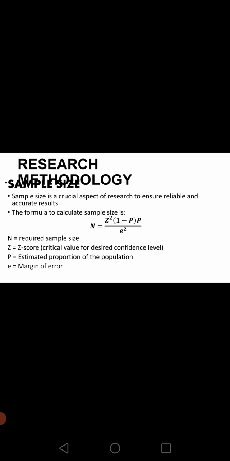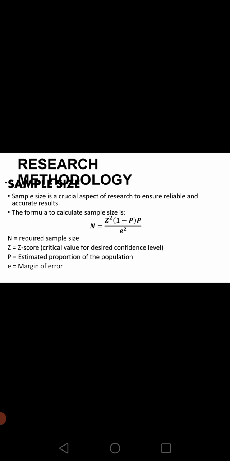As we know, sample size is crucial during research to have accurate results, and normally we use this formula, whereby the required sample size n is equal to Z squared, which is a critical value, open bracket 1 minus estimated proportion, which is p, close bracket, multiplying by p, then divide the rest by the margin of error squared.